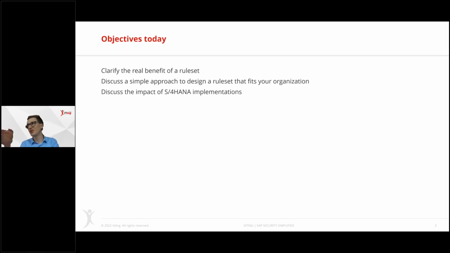So you just head to the client, you implement it, it costs you a day since you just have a template available, and then you leave. That wouldn't be a good deal for the client. And in terms of a perfect rule set, of course, as always, it depends on the organization what is considered to be a good fit for the organization.